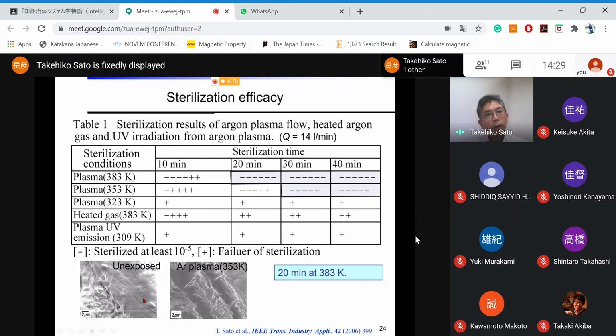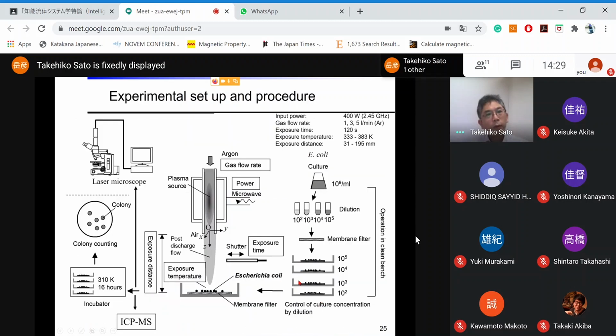Okay, so these are the spores, the same images. And we also check the sterilization effect using Escherichia coli, like this. We make several orders of E. coli culture, and then they are exposed to the plasma, and then we incubate, then we make the colony, like this.